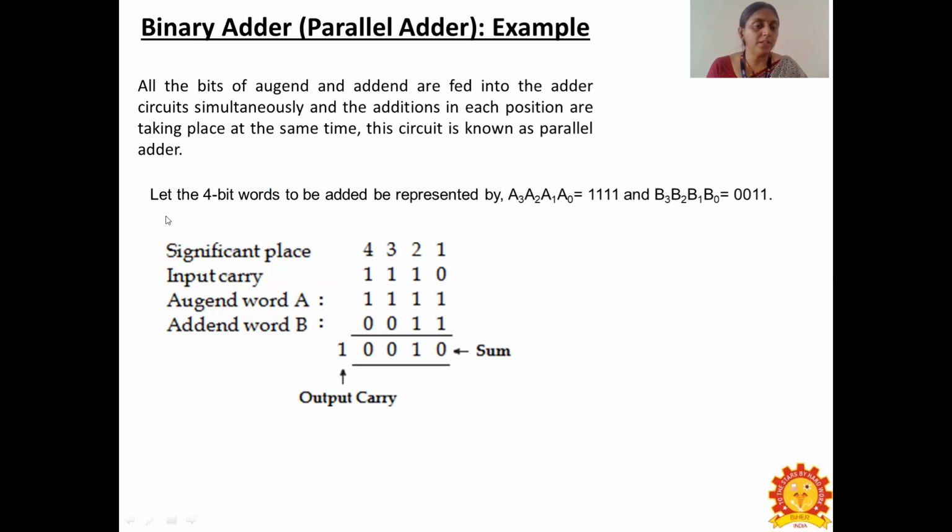In this example, the augend word A is 1111 and the addend word B is 0011. When we add A0 and B0, we get the sum result as 0 and the carry result as 1. Here the initial carry is considered as 0.